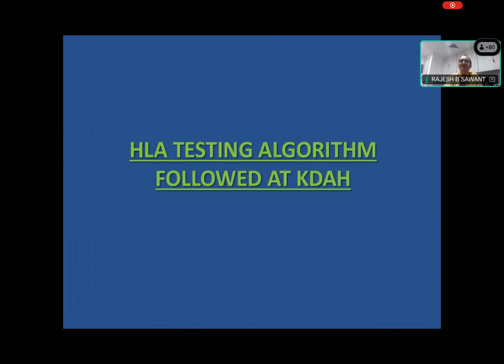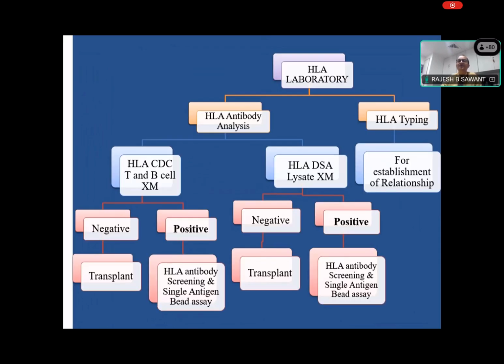So with this, I would like to share our algorithm at Kokilaben Dhirubhai Ambani Hospital, where we do HLA antibody testing. Whenever there is a patient, say for a bone marrow transplant or a haploidentical transplant: when it is just a fully matched bone marrow transplant, what is of paramount importance is doing a high resolution HLA typing.